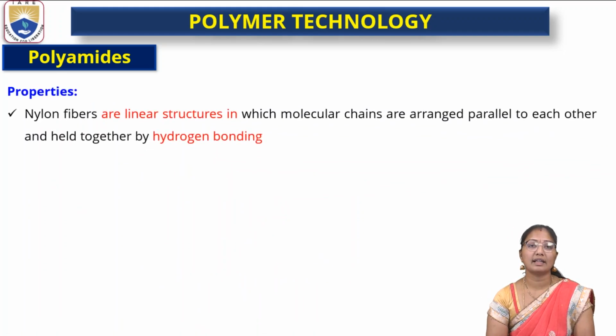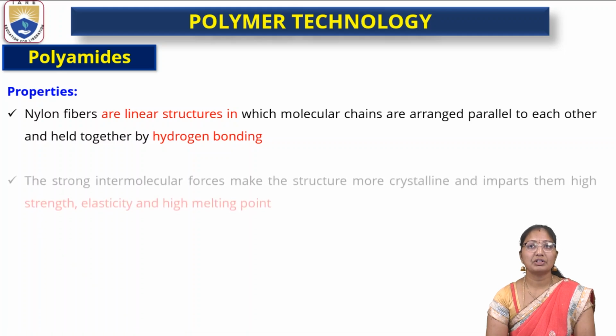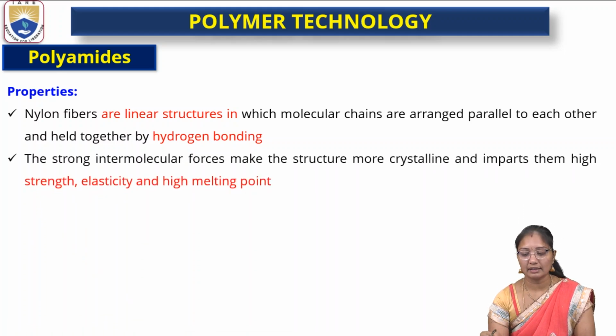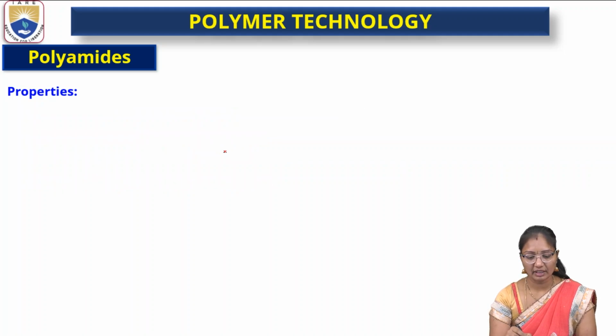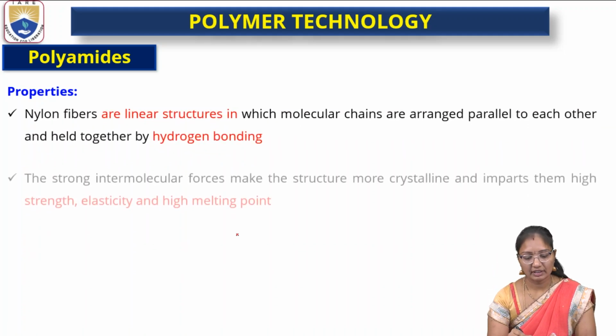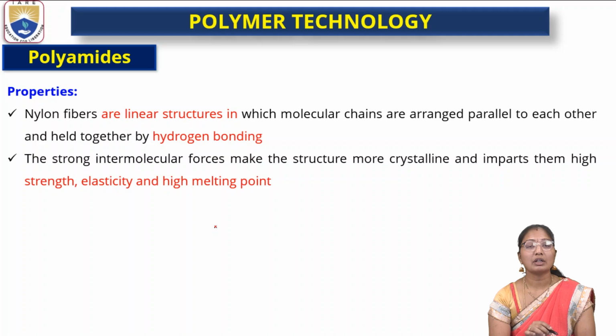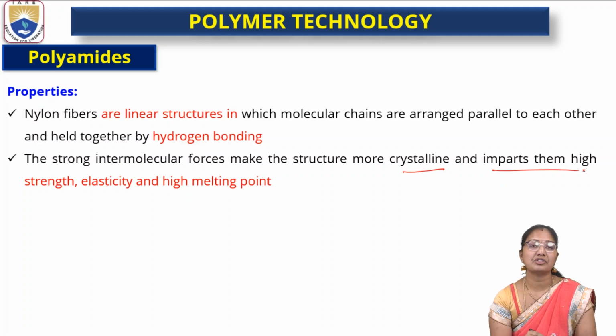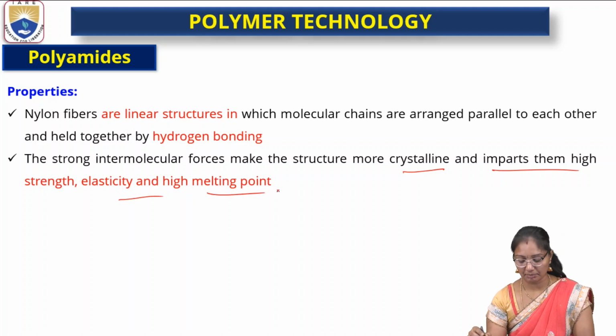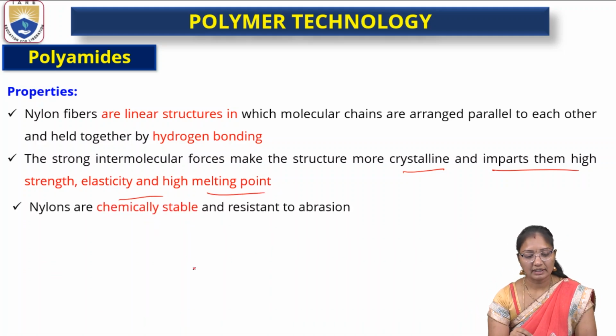These nylons have a linear structure in which molecular chains are arranged parallel to each other, held together by hydrogen bonding. This strong intermolecular force makes the structure more crystalline and imparts high strength, elasticity, and a high melting point. These nylons are chemically stable and resistant to abrasion.